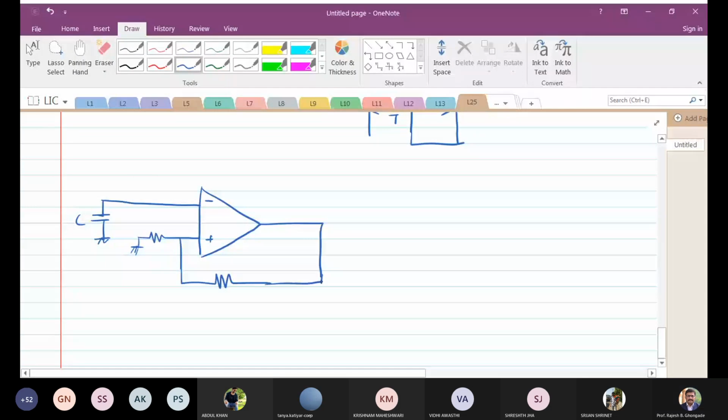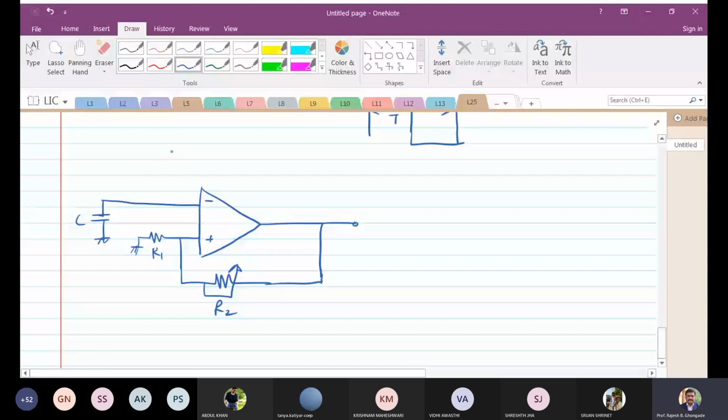This is the same. Most of the time you have this variable resistor R2 and R1. This is to start the oscillations, many times if the oscillations do not appear. And here is the difference.